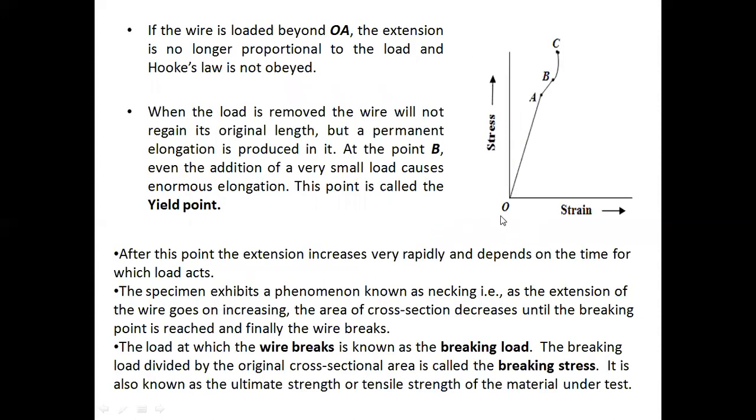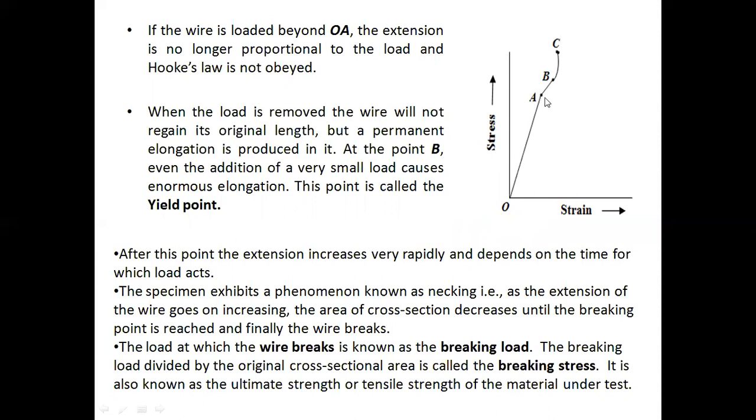If the wire is loaded beyond OA, the extension is no longer proportional to the load and Hooke's law is not obeyed. That is, above OA, the stress is not proportional to strain.